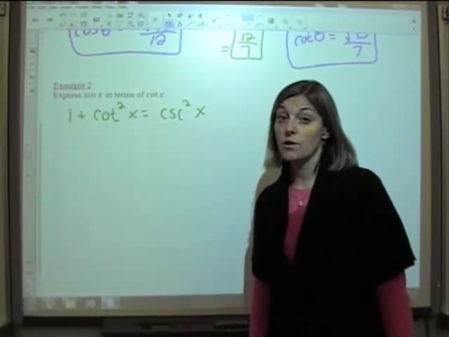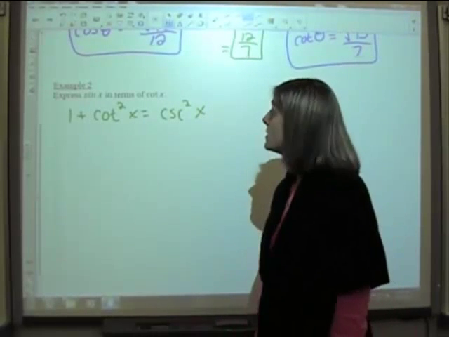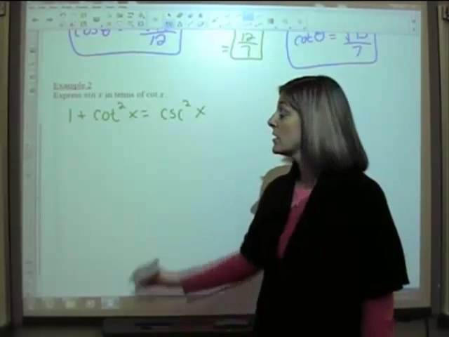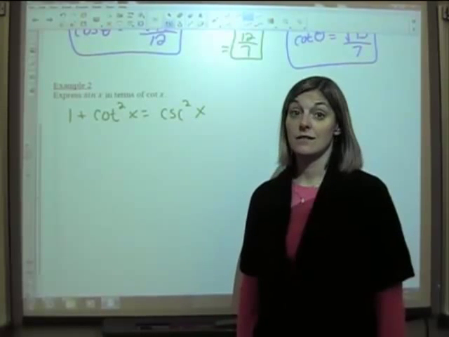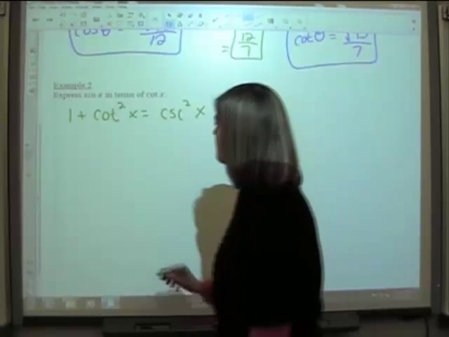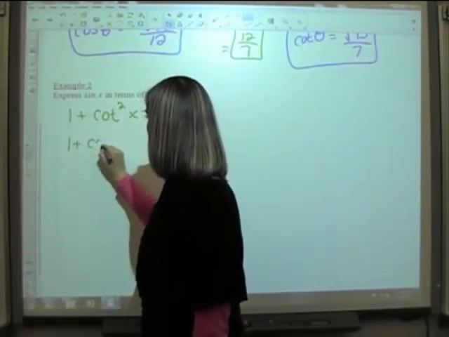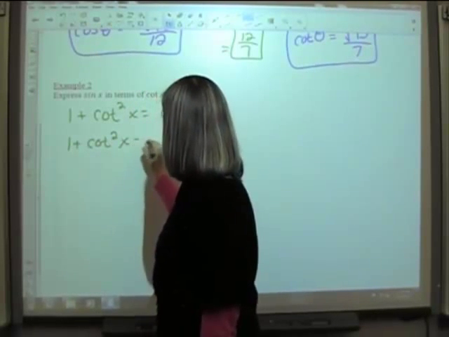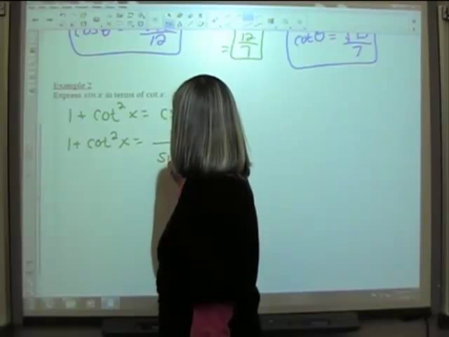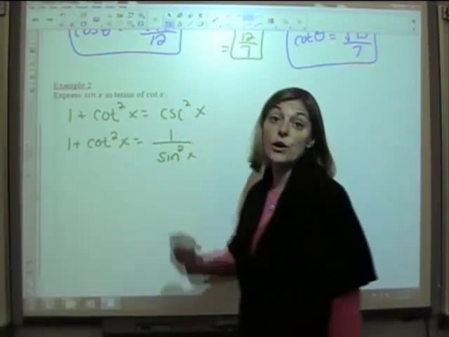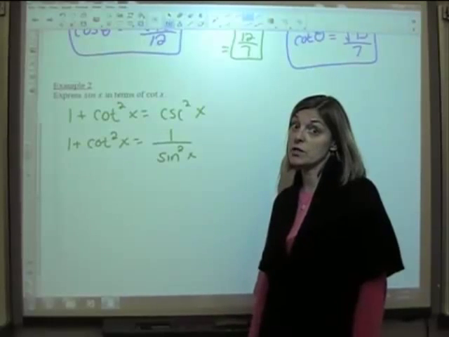So we have 1 plus cotangent squared of x equals cosecant squared of x. We know cosecant is the same thing as 1 over sine. And if the cosecant was squared, then the sine has to be squared.